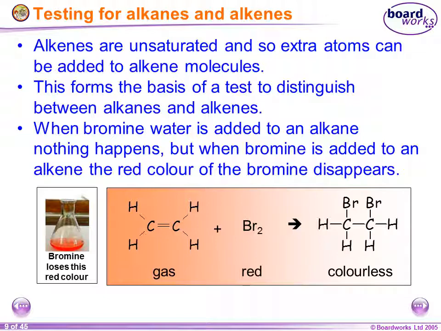When bromine water, which is water with bromine bubbled through it, is added to an alkane, nothing happens. However, when bromine is added to an alkene, the red colour of the bromine disappears. So simply the test for an alkene is that it will decolour bromine water. This has been on the exam for the last few years, so you might want to remember that.